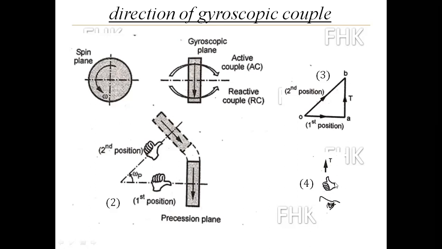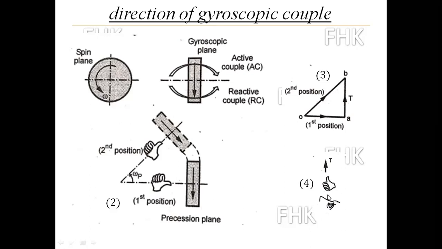If you look from the bottom at the curling finger of your hand, you can see that the curling finger is rotating in clockwise direction. You put your hand like this and see it from the bottom side. Why the bottom side?